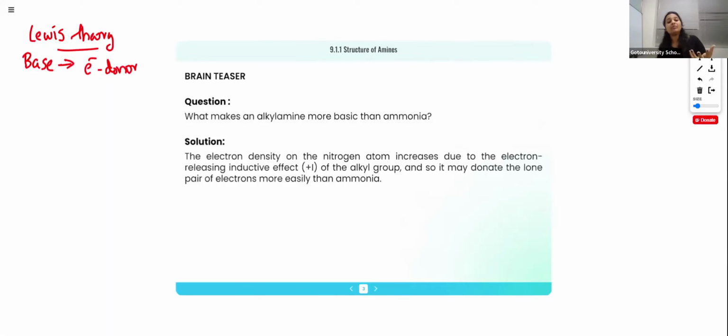And according to the same theory, acids have a tendency to accept the electron pair. Okay, so in case of ammonia, you can see there is 1 pair of electrons, that is the lone pair. Why is it called a lone pair? Lone pair means that electrons are not participating in any bonding. Those 2 electrons are free, right? They are called a lone pair of electrons. These lone pair of electrons are free, meaning they are available to donate.